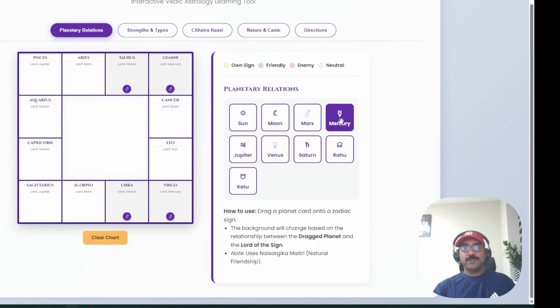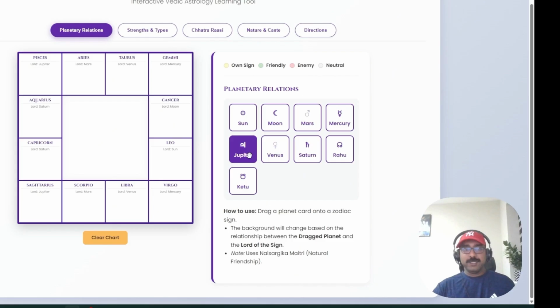So next, going to Mercury. For Mercury, all are friends except Sun. So if Mercury is placed in the Sun's sign, that's not considered favorable, because the rest are considered favorable. But for Mercury, if it is somehow connected to Leo or Sun, it's not favorable for that specific query.